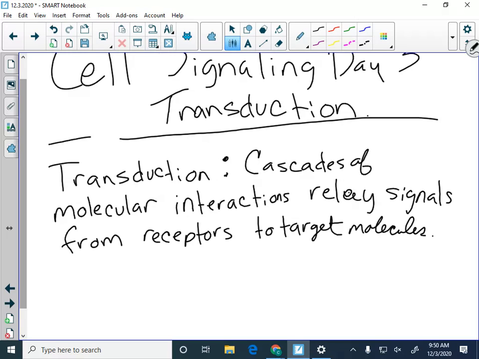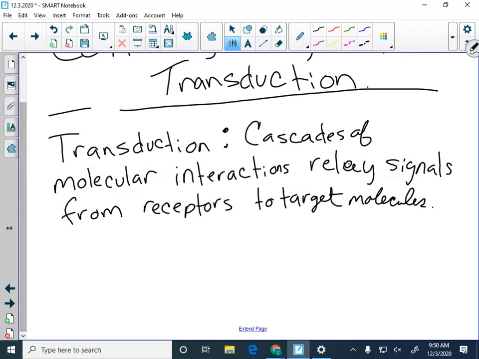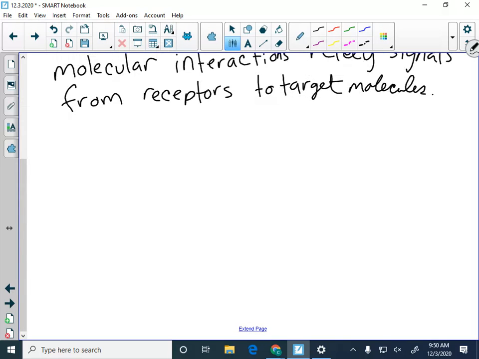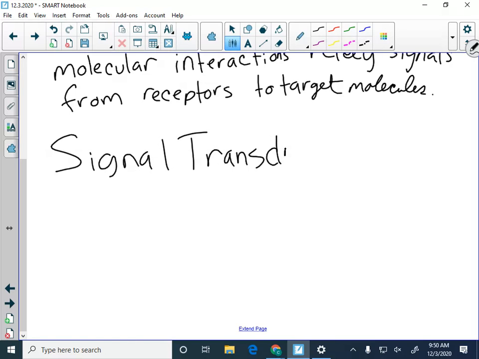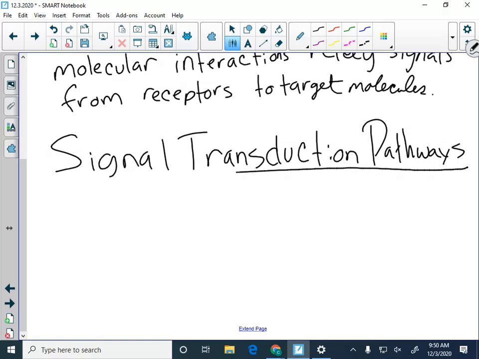And more often than not, or almost exclusively, I guess, this happens through signal transduction pathways. We talked very briefly about signal transduction pathways on day 1, and we might repeat some stuff, but I think it's for the best.